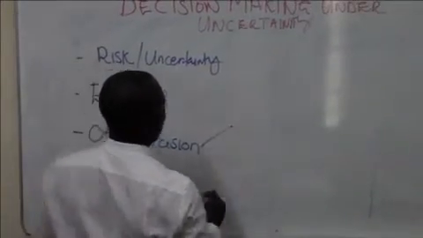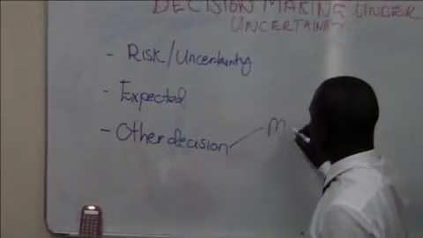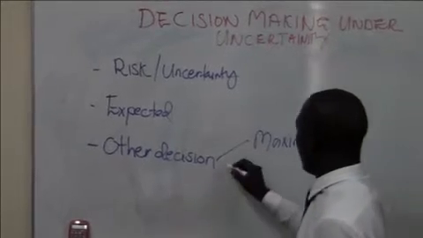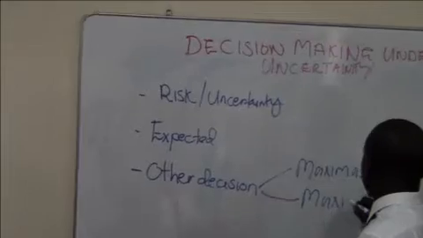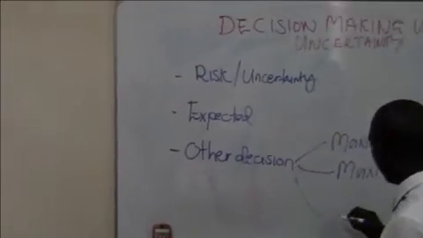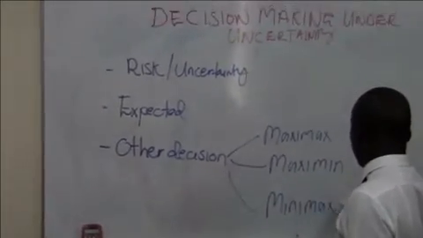Under here, on one aspect you're going to cover what is known as maximax. The other aspect we're going to cover is maximin. And finally, we're going to look at what is known as minimax regret.